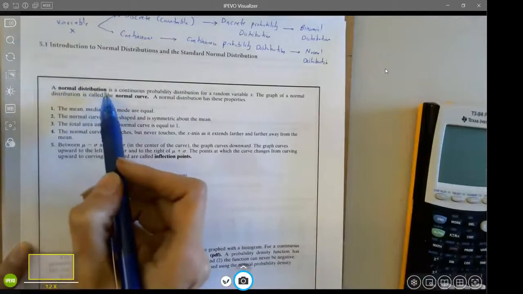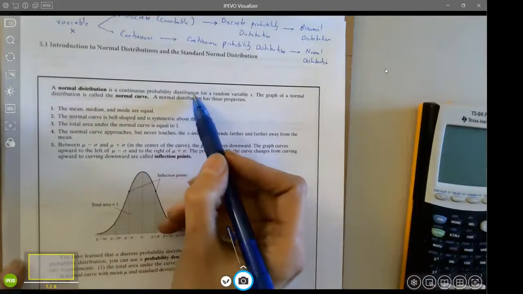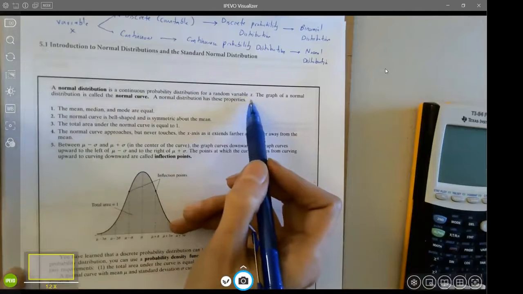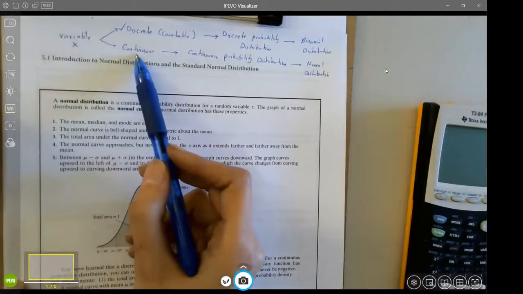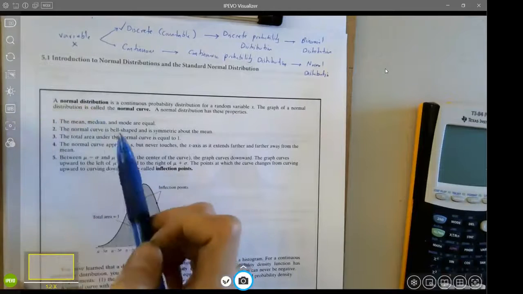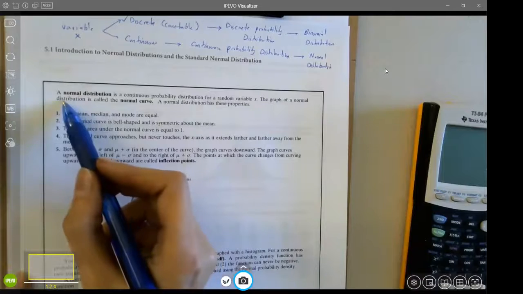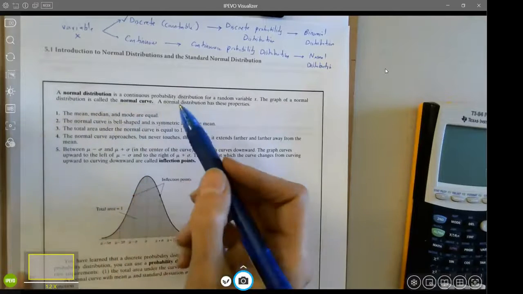A normal distribution is a continuous probability distribution for a random variable X. So we have a random variable, it is continuous, and we form a normal distribution. The graph of a normal distribution is called a normal curve.